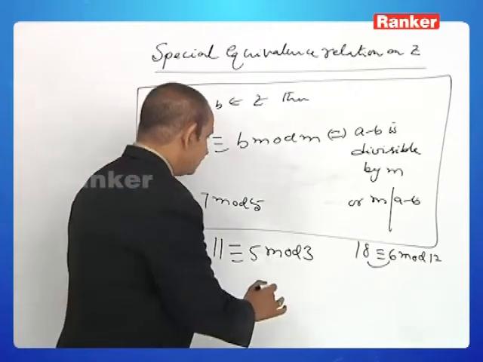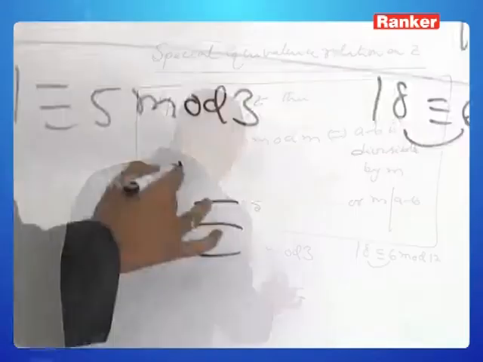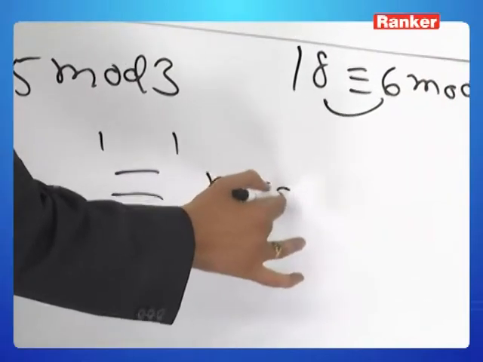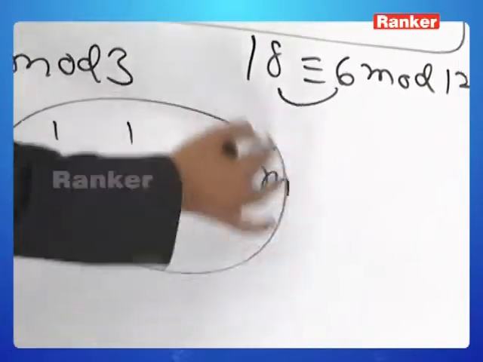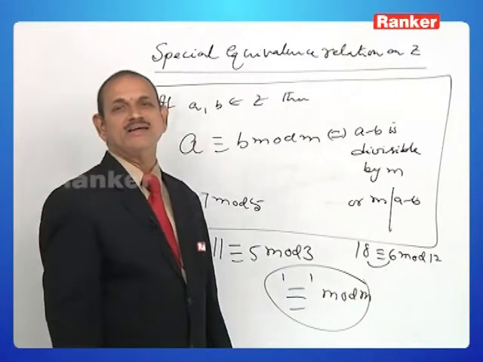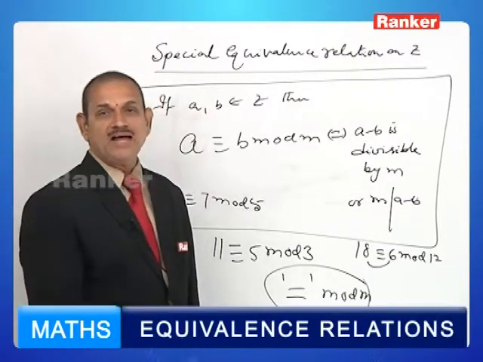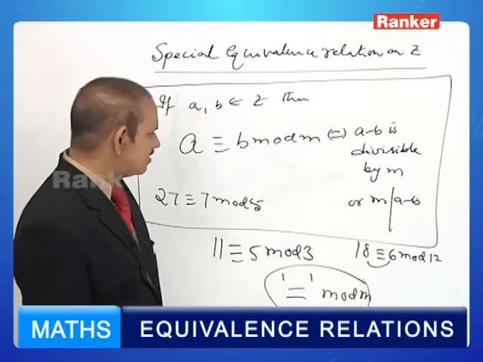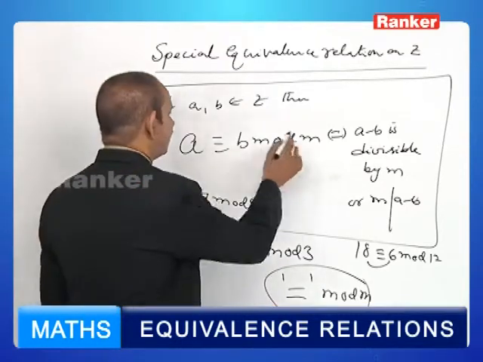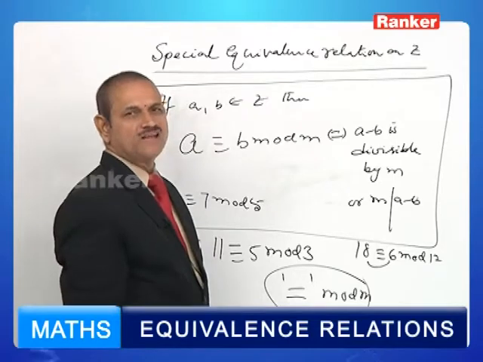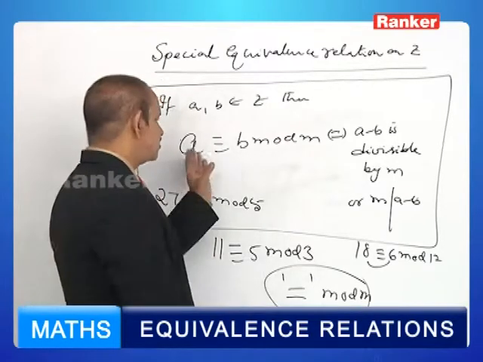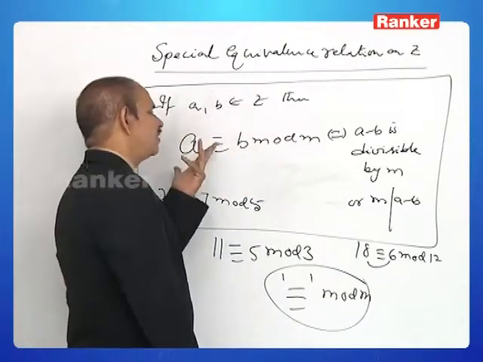And this relation, congruence modulo m, is an equivalence relation. This is peculiarly defined as an equivalence relation. You can easily say a is congruent to a mod m. Why? Because a minus a is divisible by m. If a is congruent to b mod m, then b is congruent to a mod m.